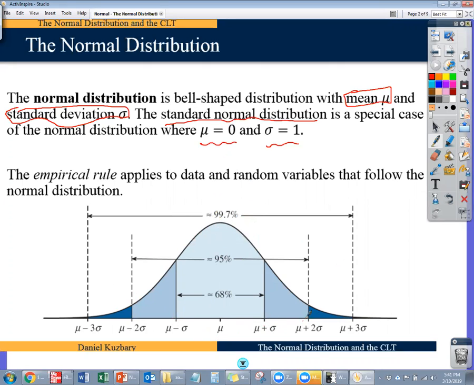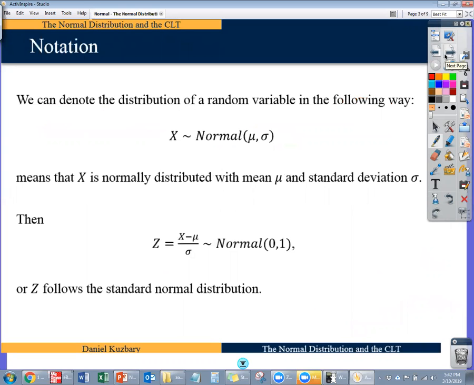Then your standard deviation decides how spread out your data is. So it's the difference between a normal distribution that looks like this and one that looks like that. They can both be normal because they each have a mean, and one is more spread out than the other based on its standard deviation. But I'm going to show you how the normal distribution is related to the standard normal and how that's going to help us do some problems with the normal distribution.